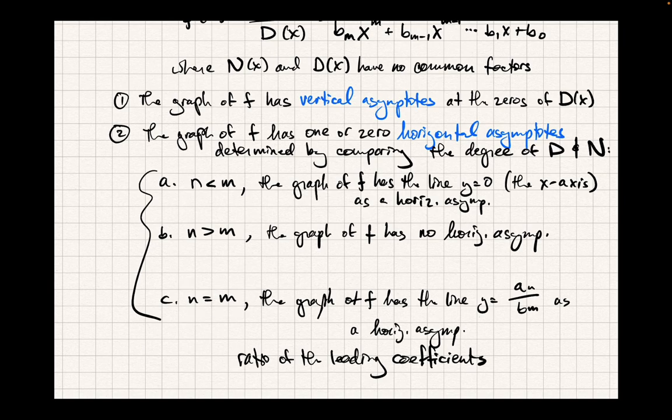Explain it to me, Warren. I'm confused. So what does this case mean? When would case C come up? Like when the exponents are equal. The exponents are equal? What does that mean? That's not the way I would describe it.